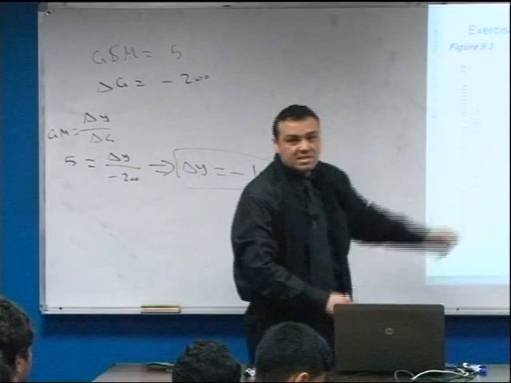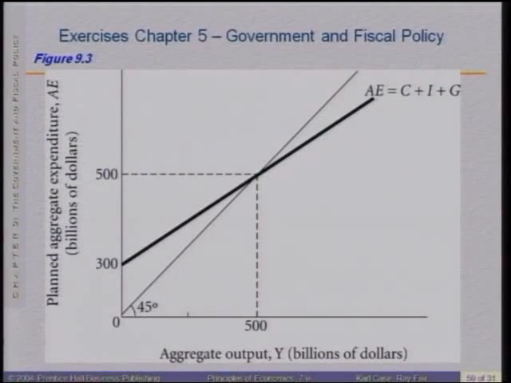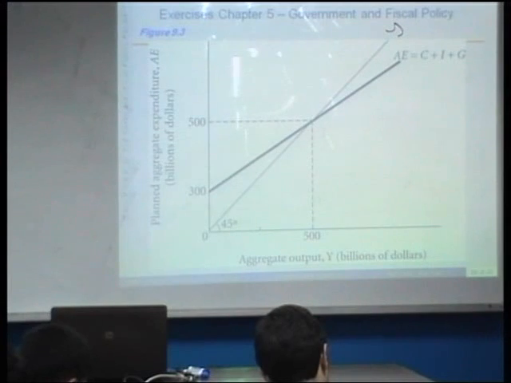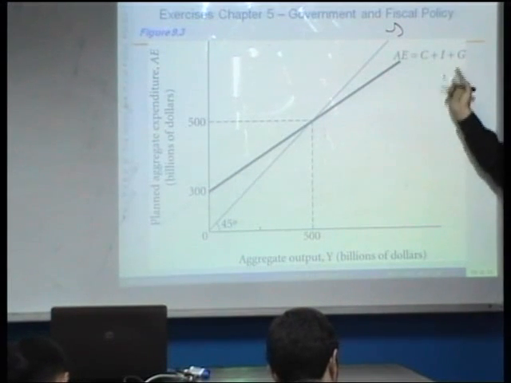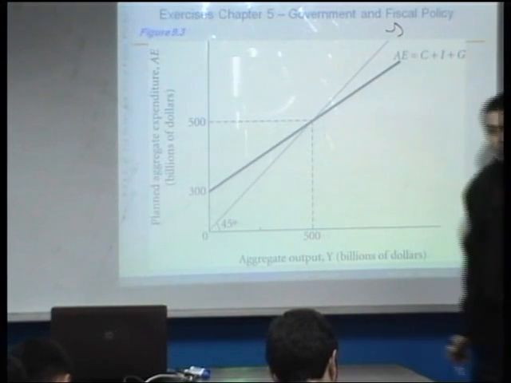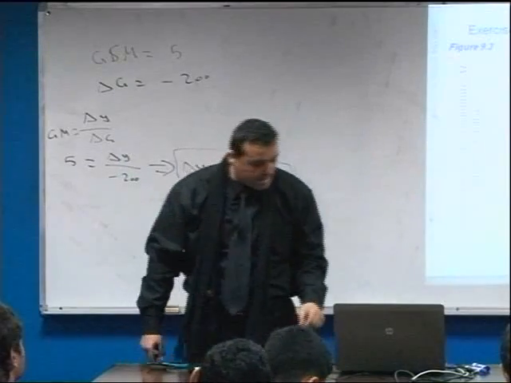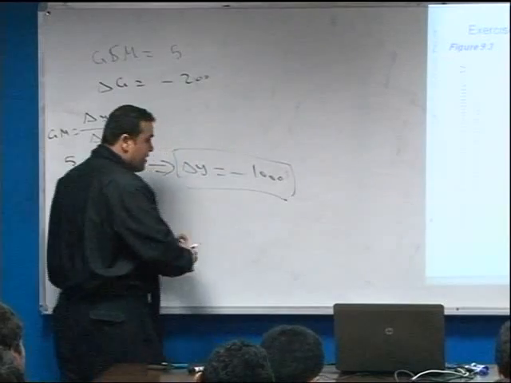So let's go to this figure. As you see, we have the aggregate output function, right? And the aggregate expenditure function, which is C plus I plus G. Number one, derive the aggregate expenditure function. Who can derive it?